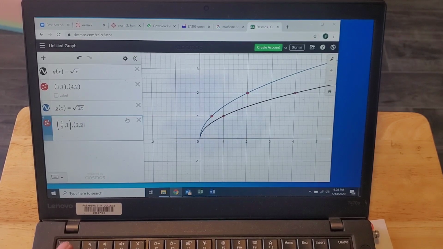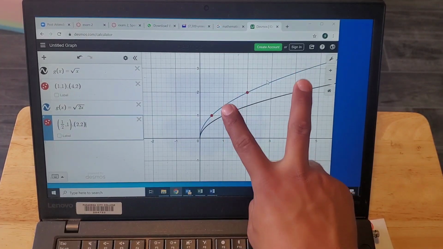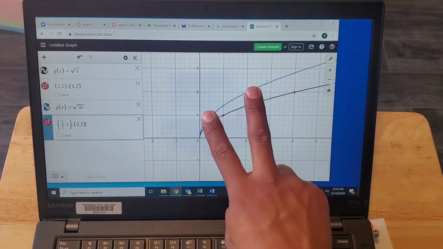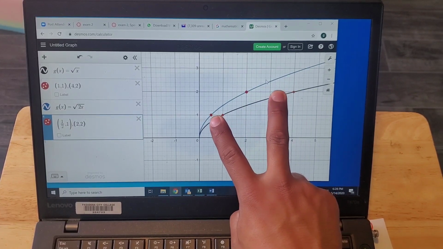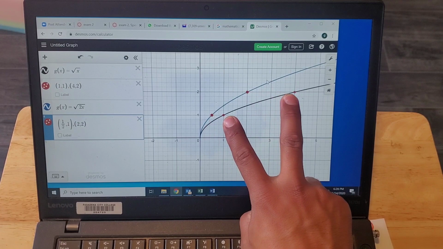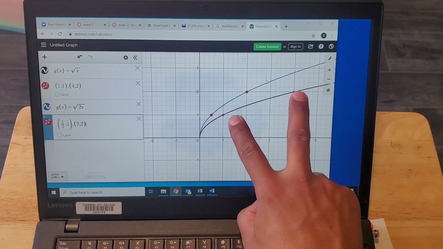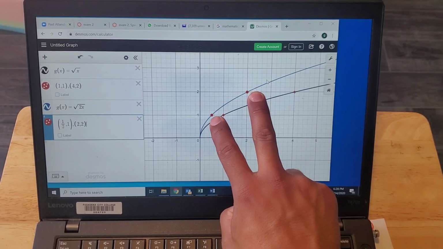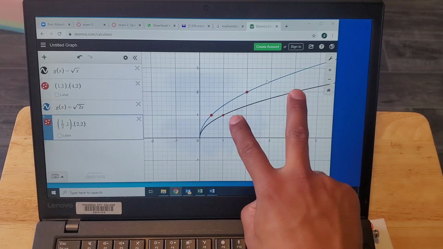That's not changing whatsoever. That's how you can see these points didn't shift up. They got compressed to the left. They are being shrunk horizontally. Sorry about that. So that's what's happening here.